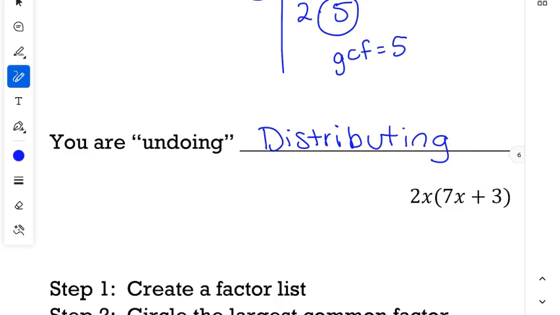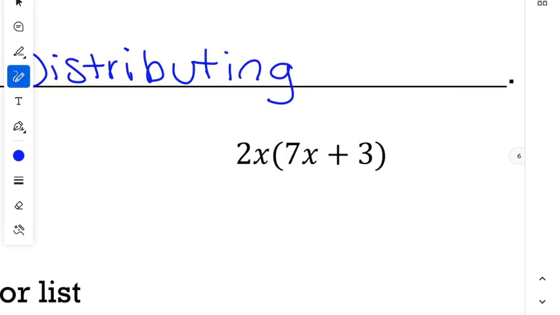Always in math, you learn how to do something, and then you learn how to undo it. Like, you learned how to add, and then subtract, multiply, divide, square something, square root. Everything is undoing things, because you got to go both directions.